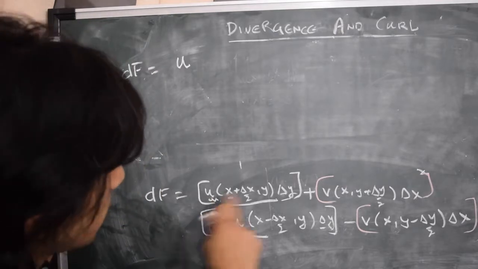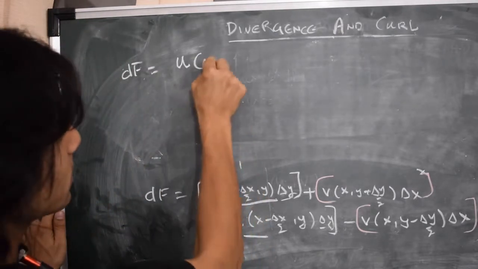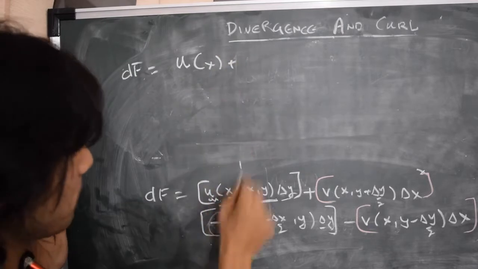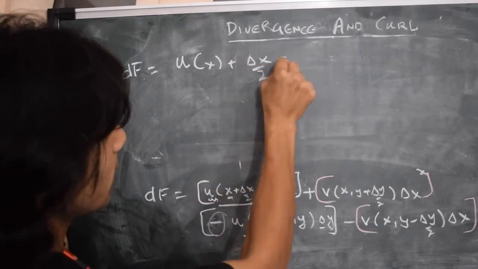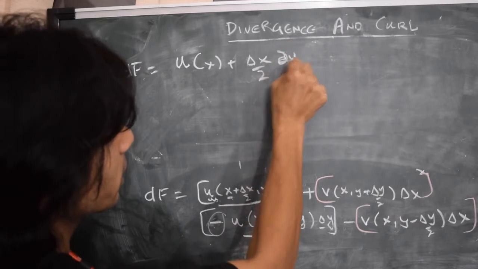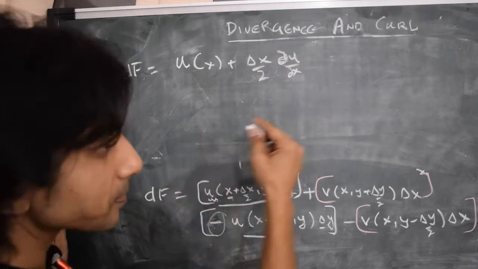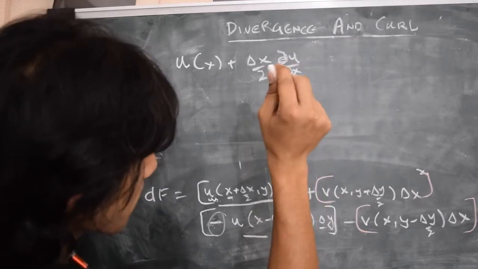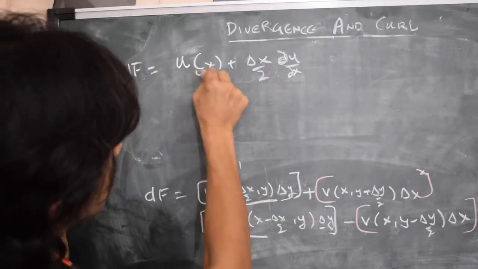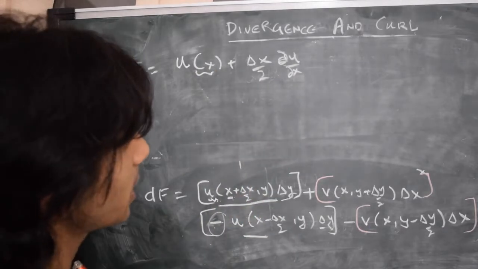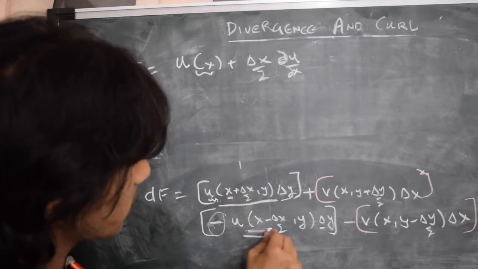So if you look at this term, we can expand this in the form u(x) plus delta x divided by 2 times du/dx, the partial derivative of u with respect to x. And let's just retain the first order term. So we just have 2 terms here, u(x) and delta x by 2 du/dx. And likewise we expand this term.